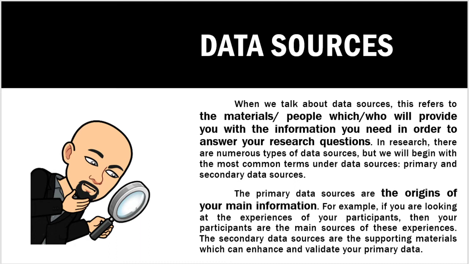For example, if you want to look at the lived experiences of those who have dyslexia, then probably your primary data sources would be the people suffering from dyslexia. As your secondary data source, probably you can refer to the expertise of those who specialize in treating or rehabilitating dyslexia. So this is a way for you to validate and enhance the impact of your primary data.